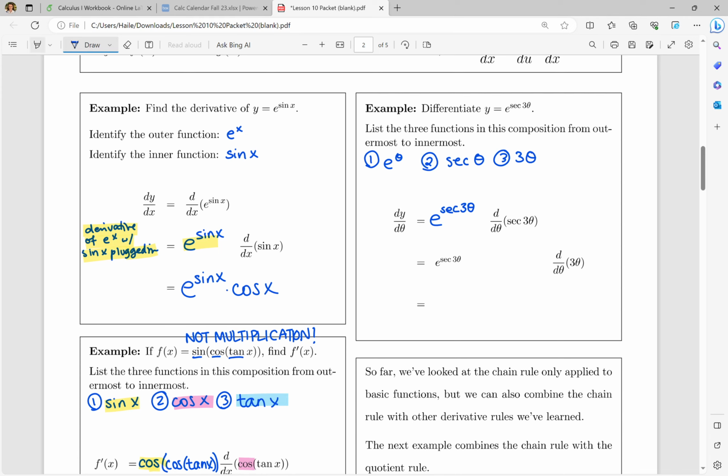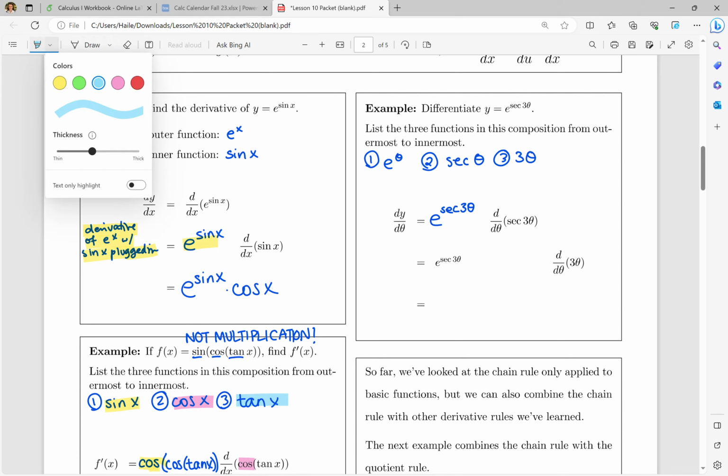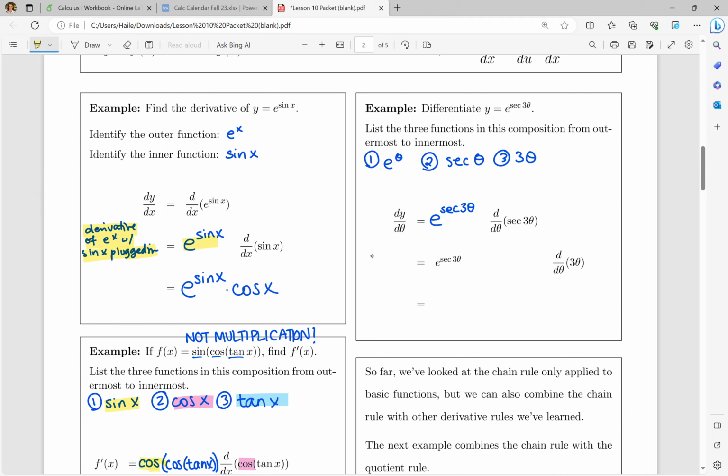And so let's highlight here where we're doing this. So this layer is getting taken care of by this function right here. Okay? In our next layer, we want to focus on this d theta of secant of 3 theta.